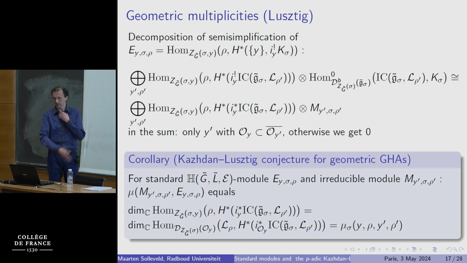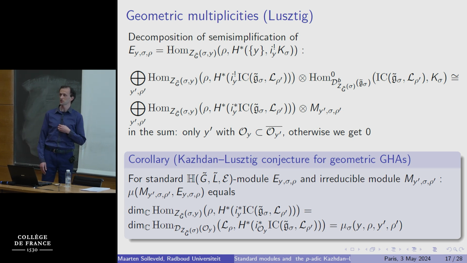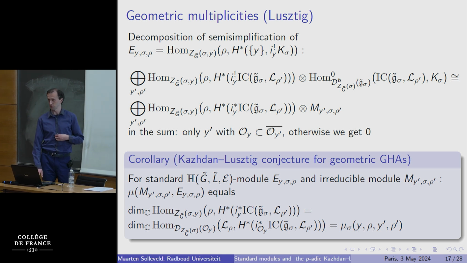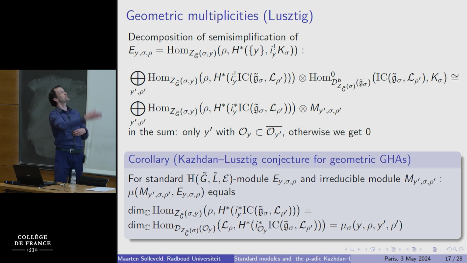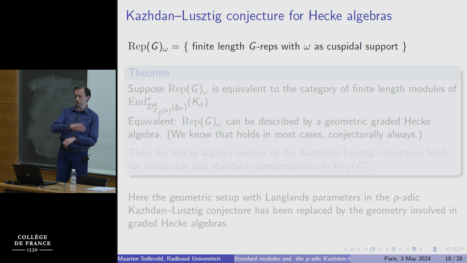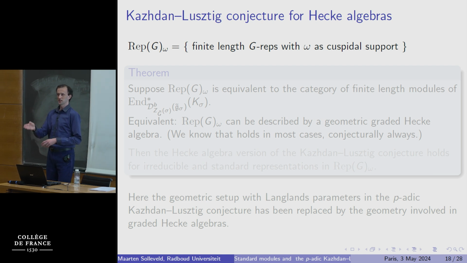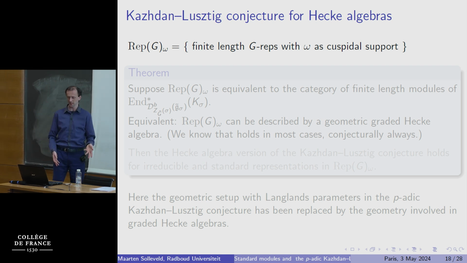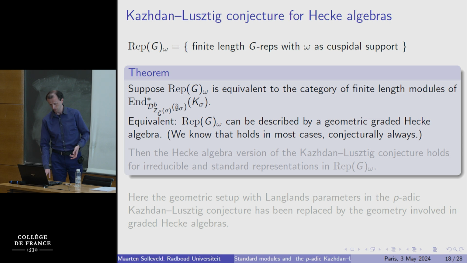This is the main geometric reason, I feel, why this whole Kazhdan-Lusztig conjecture for reductive p-adic groups will be true. At this moment, this is a theorem about graded Hecke algebras, but with our previous comparison of representations of p-adic groups and representations of graded Hecke algebras, we can now transfer this to p-adic groups.